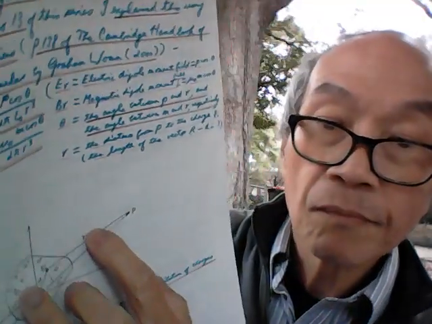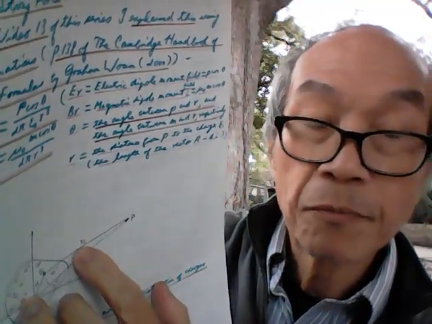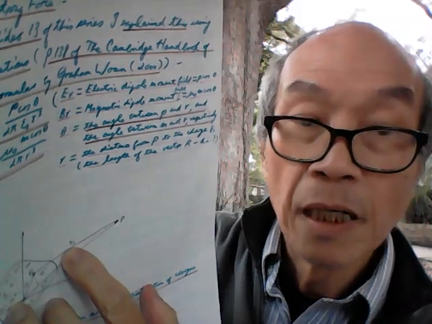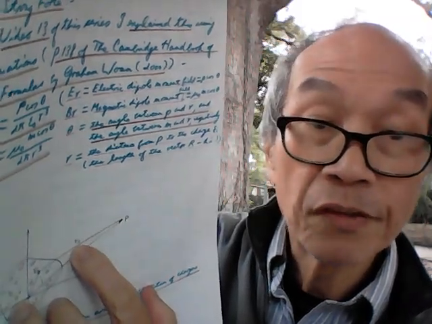Integral multiple means 1, 2, 3, 4, 5, 6, 7 to infinity. This distance here, r, must be an integral multiple of the Planck length.